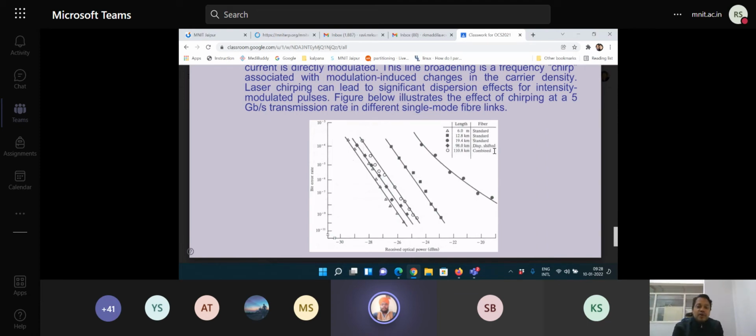Combined here would refer to using a standard fiber, and beyond that you also need to use a dispersion compensating fiber. When you use a dispersion compensating fiber, the dispersion can be compensated, and at the same levels of bit error rate, you can have a much larger transmission distance.